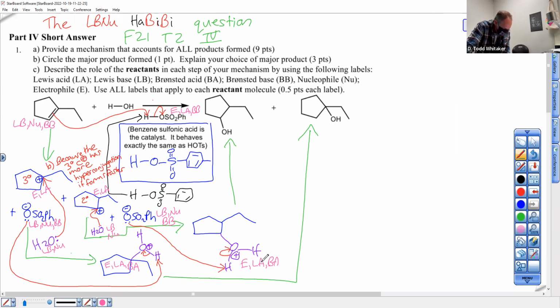Like I could put 3 lone pairs, or a lone pair here if you want. Doesn't hurt. That's the only way that is a cation, by the way. But I don't need to see it because you're not using it. I could put all the lone pairs here. That's the only way to get an O minus. But I don't need to see the ones you're not using. Oh, I got rid of something. ELABA. Oof.